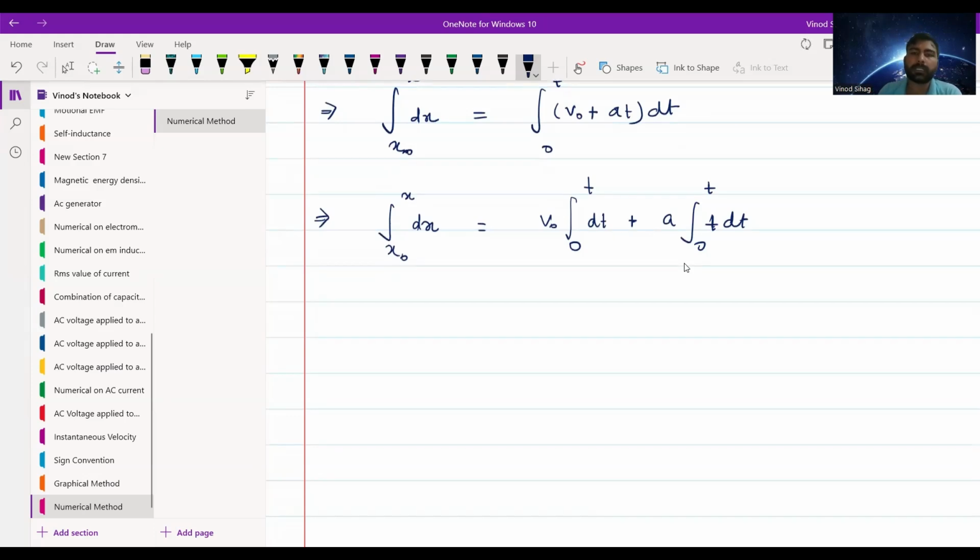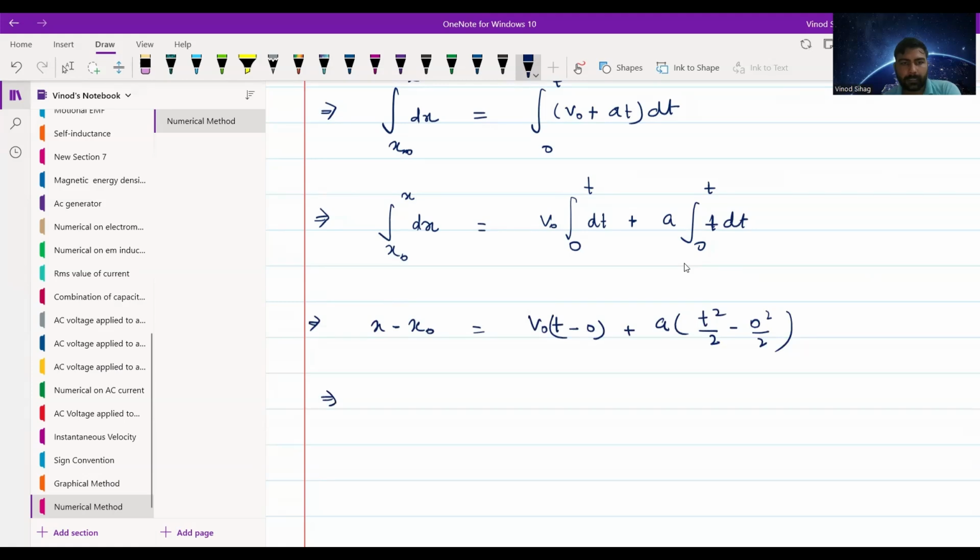Why is it constant? Because it is the initial velocity of the object at time t equals 0 seconds. And similarly, acceleration is also constant throughout the motion, so we can take them out of the integration. Now let's integrate them. So finally we will get x minus x naught equals v naught times t minus 0, plus a t square by 2 minus 0 square by 2.